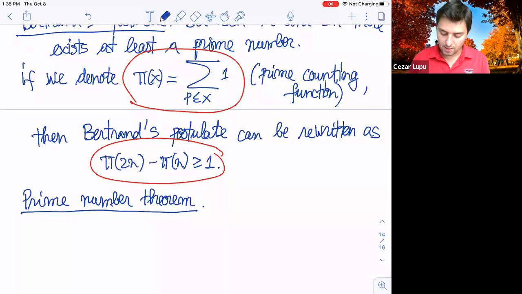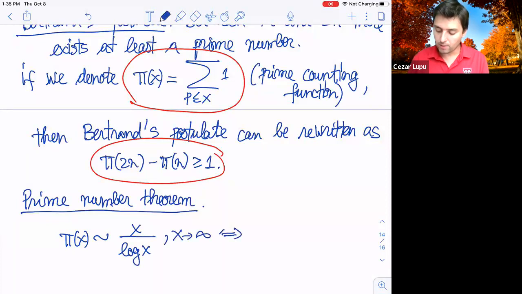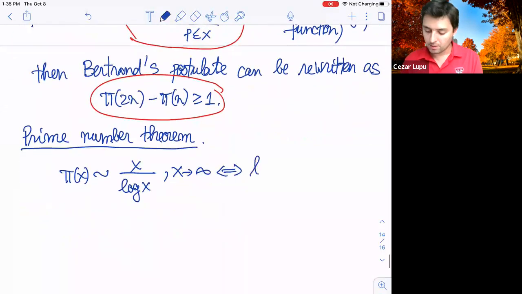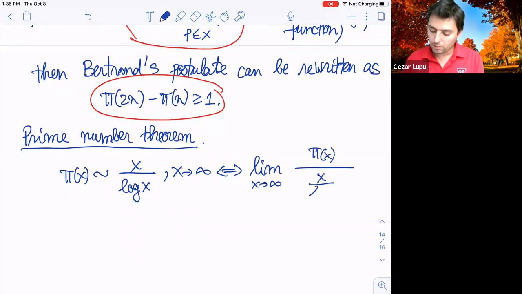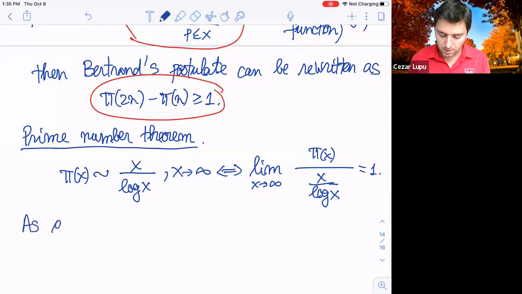In other words, pi of x is asymptotically equivalent to x over log x as x approaches infinity, or equivalently, the limit as x approaches infinity of pi of x over x over log x is 1. By the way, log x here is the natural log.